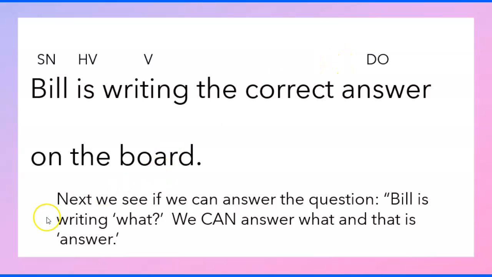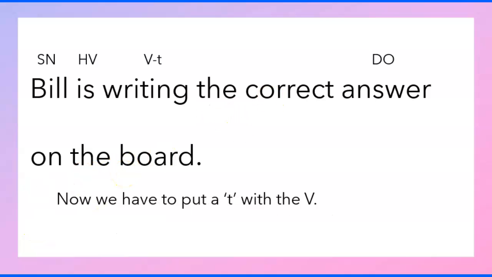But then we want to start knocking out some of those words that we know so well, like the word the, there's another the. And so we're going to go ahead and put, whoops, I forgot something. We need to add the T for verb transitive because when we have a direct object, we have a verb transitive. So if you forgot that like I did, go ahead and add it in.